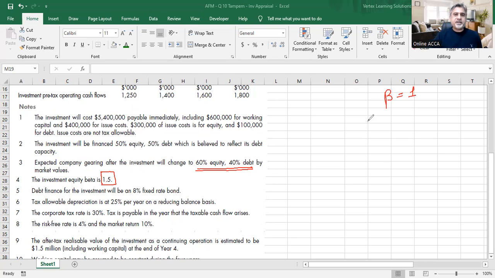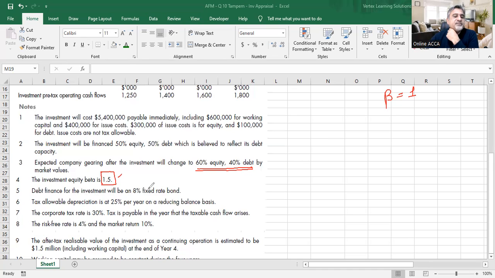The market return beta means the average return and the average risk. For average return, the average risk is 1. If the risk is 1.5, beta is more than 1, then this project should bring returns higher than the market. Okay. I will come back to this point in a while.